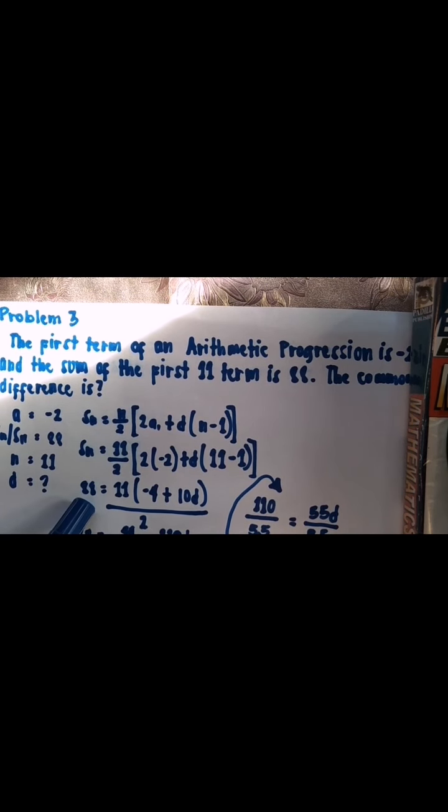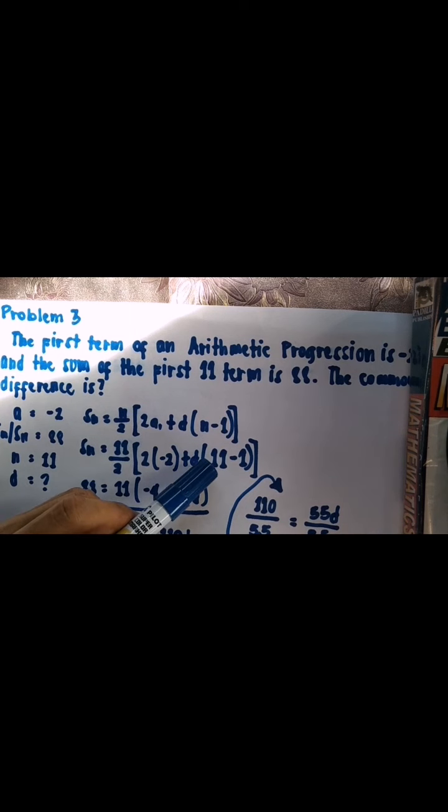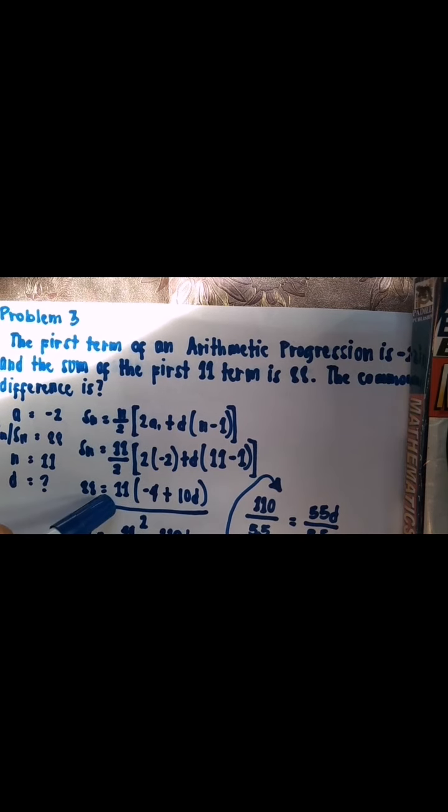So it becomes 88 is equal to 11 over 2 times negative 4, because 2 times negative 2 becomes negative 4, plus d times 11 minus 1. Therefore, 10d over 2.